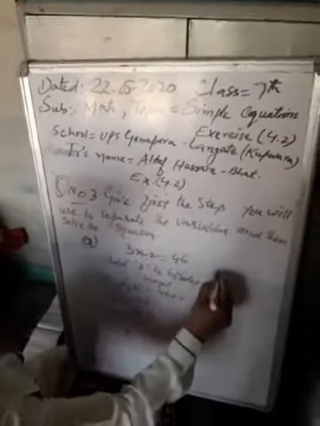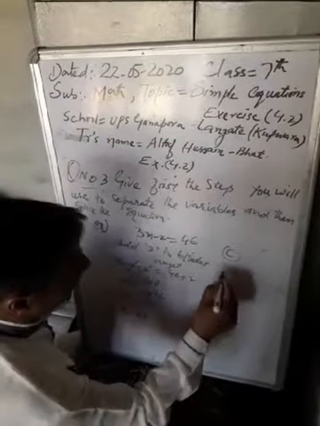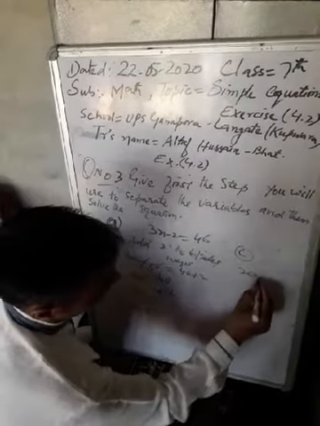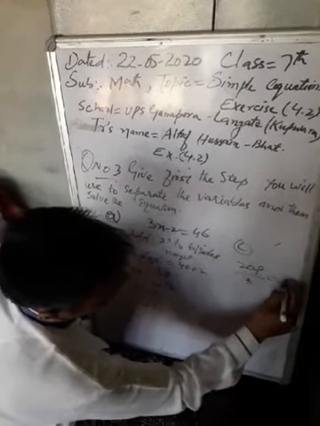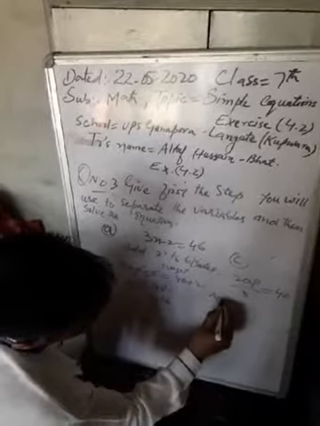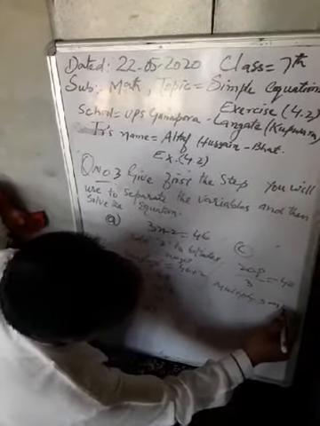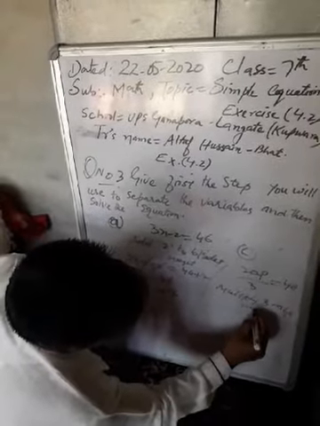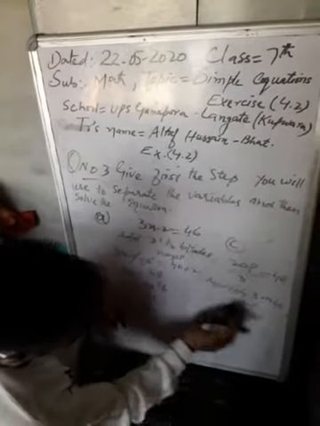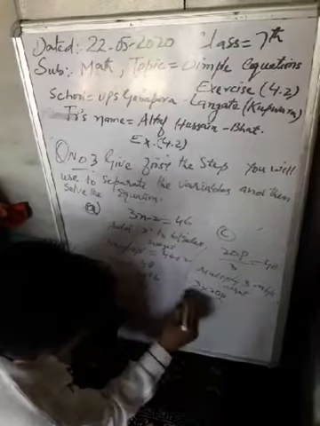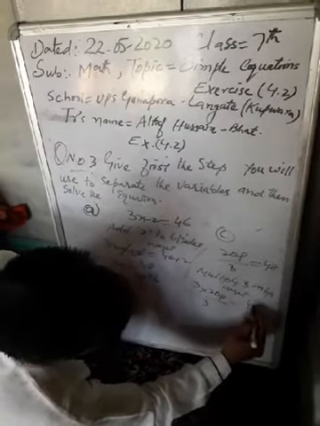Part c is 20p divided by 3 is equal to 40. We will multiply 3 on both sides. We get 3 into 20p divided by 3 is equal to 40 multiplied by 3.